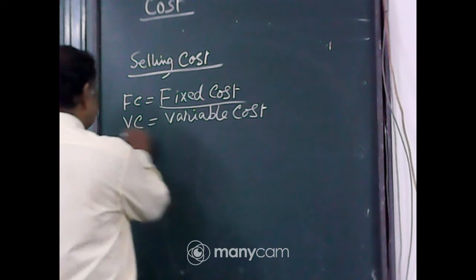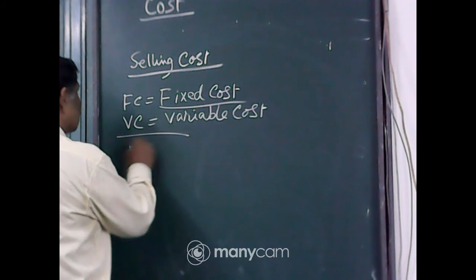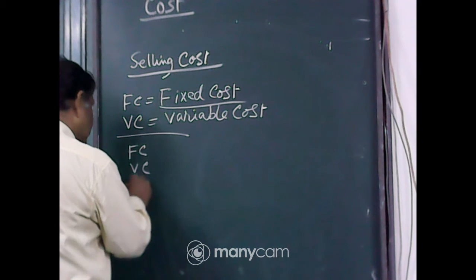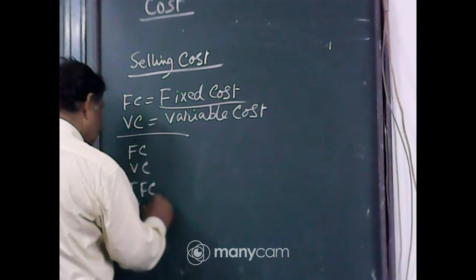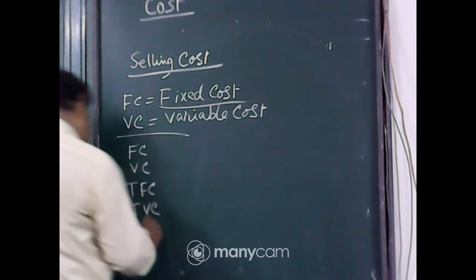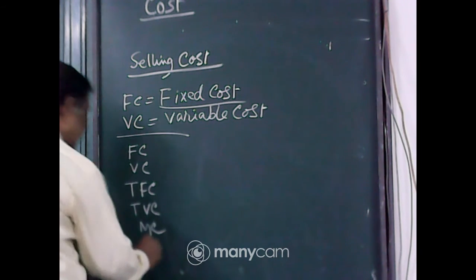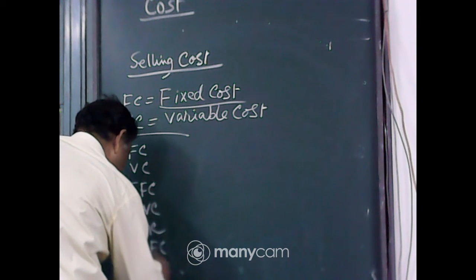Now there are so many other costs. Fixed cost, variable cost, total fixed cost, total variable cost, marginal cost, average fixed cost, average variable cost.